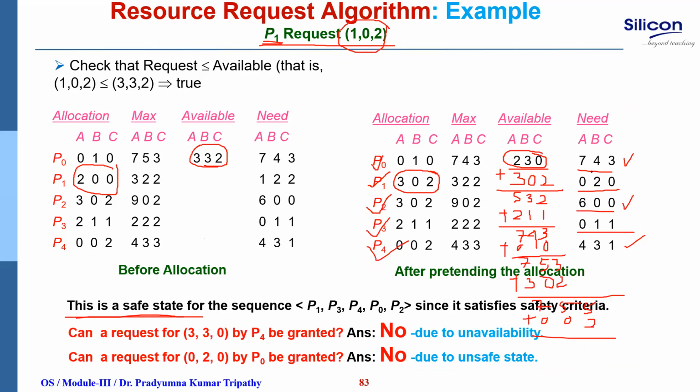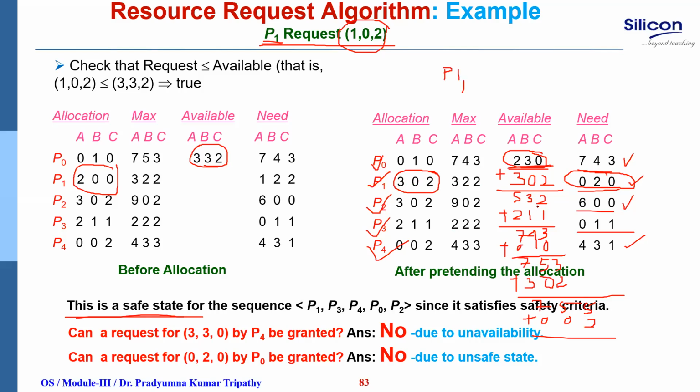You will have a new need because max minus allocation has changed. Correct? So you take this value 230 and check to whom we can give it. 230 can be given to P1. If it is given to P1, P1's allocation will be added, so that becomes 532.